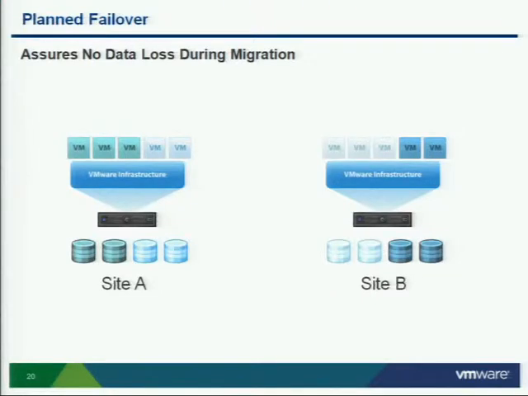But in the next version, we're supporting 2 additional workflows. The first one that I want to talk about is planned failover. If the sites are connected when I'm doing a failover, it's probably because I know that a disaster is about to happen. This goes towards the idea of disaster avoidance.